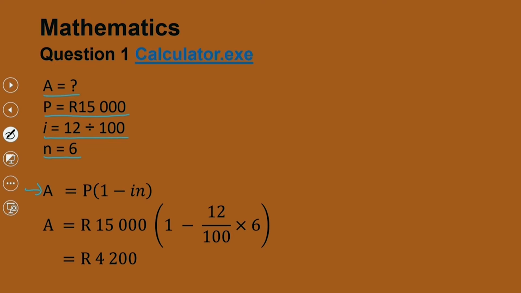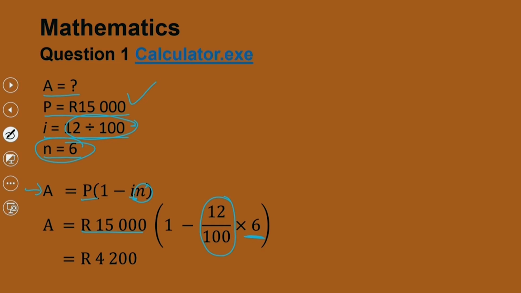In the place of P, we put 15,000. In the place of I, we substitute 12 over 100. Are we together? And then in the place of N, we must substitute 6.